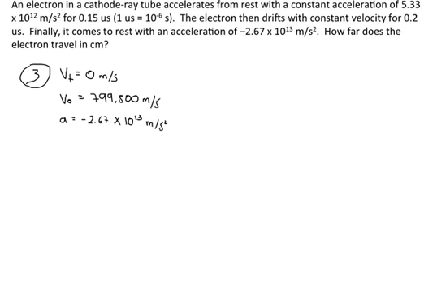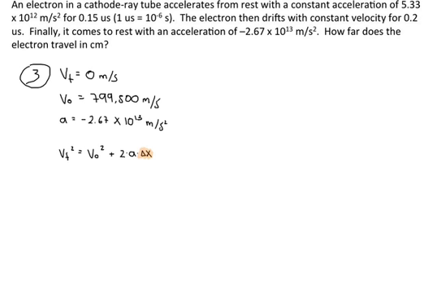So we pretty much know everything. Again, the equation that we are going to be using should be that the final velocity squared is equal to the initial velocity squared plus 2 times the acceleration times displacement. And recall that what we are trying to find is the displacement.